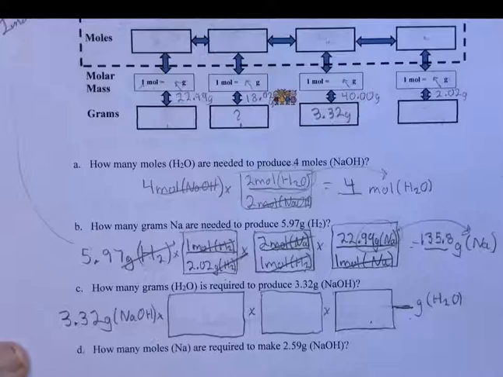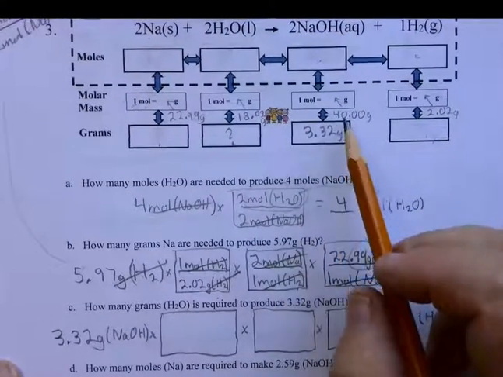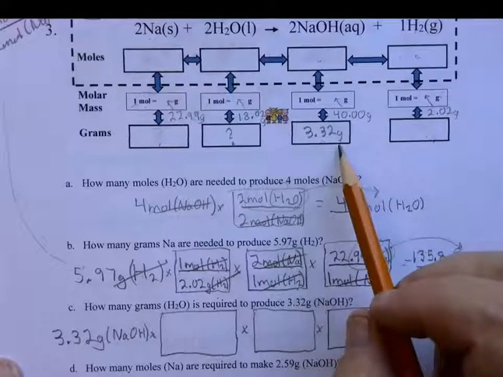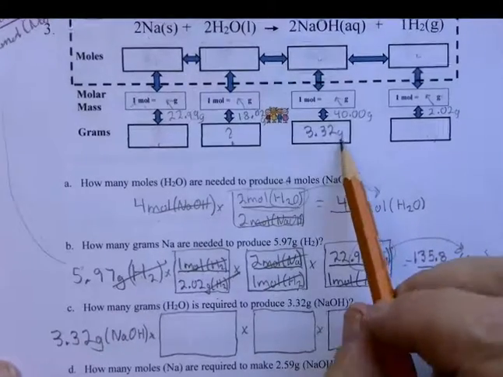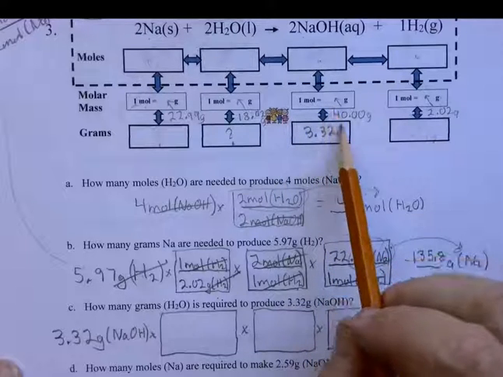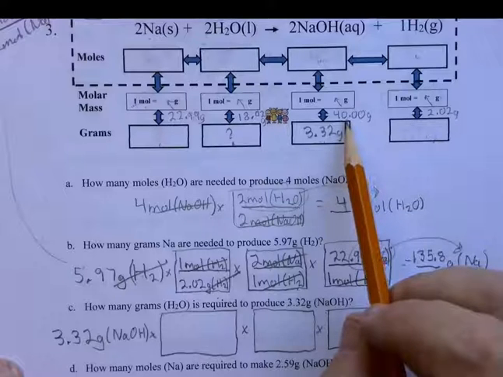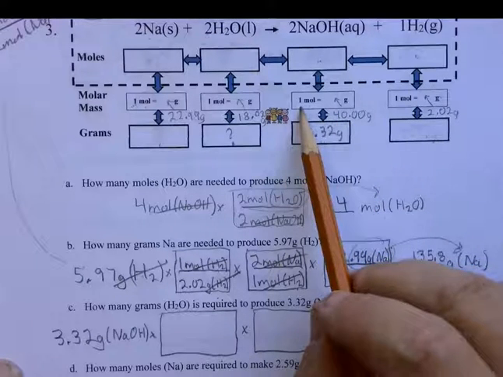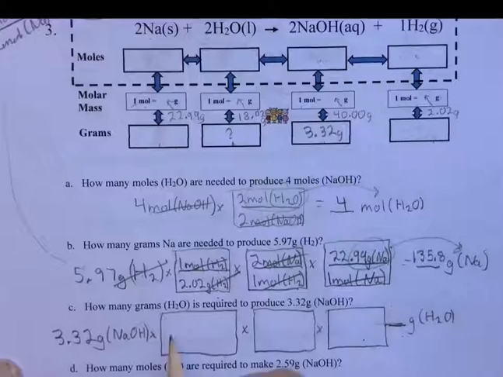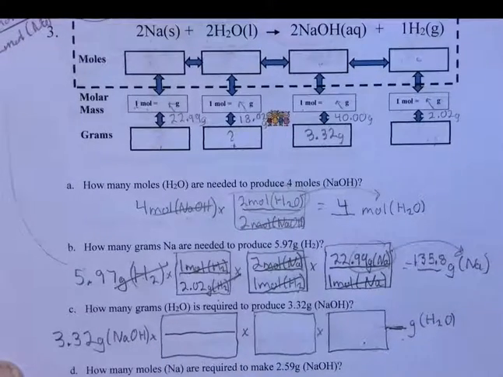Okay, here we go. So now we're starting here. And I'm not going to write down the conversion ratios. I want you to get to the point where you're doing them in your head. You can either say there's 1 mole of sodium hydroxide over 40 grams of sodium hydroxide, or 40 grams of sodium hydroxide over 1 mole of sodium hydroxide. So which one do we need on the bottom of those two relationships?